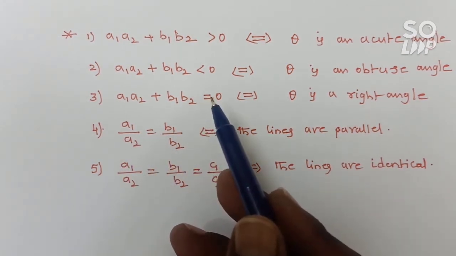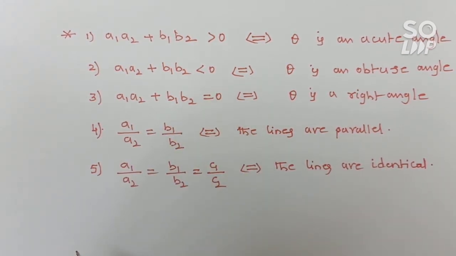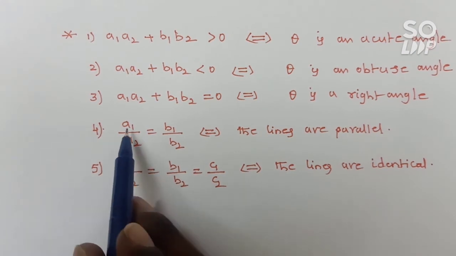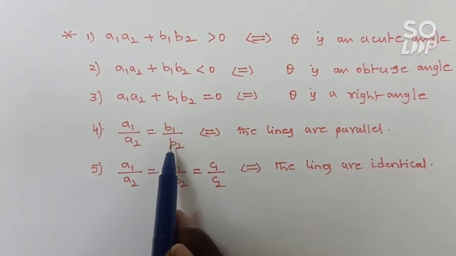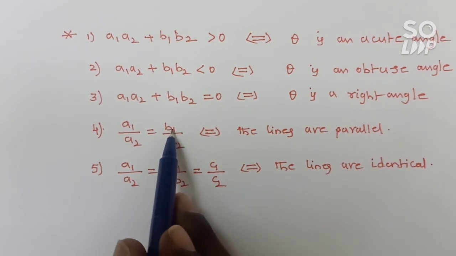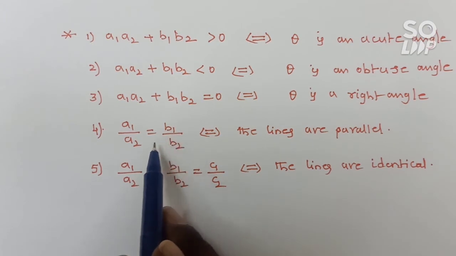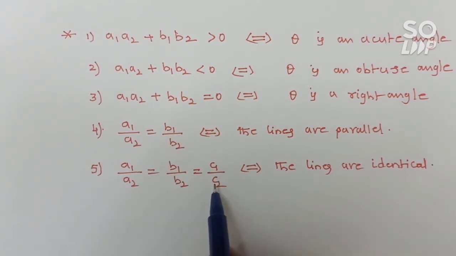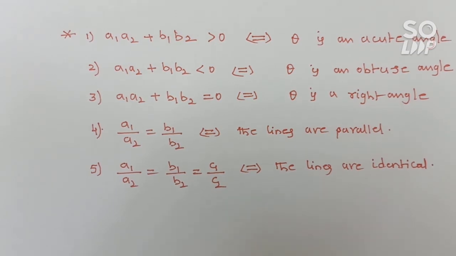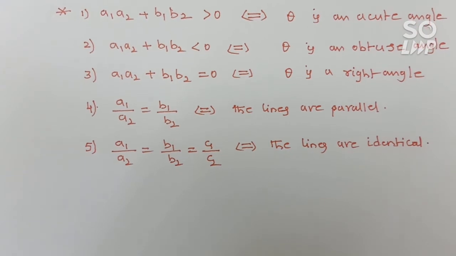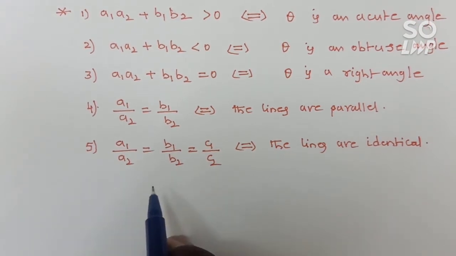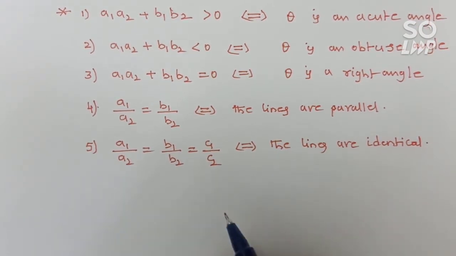Previously, in the angle between two lines, a1, a2 are the coefficients of x, b1, b2 are the y coefficients and c1, c2 are the constants. So these are the different conditions when two lines are given.